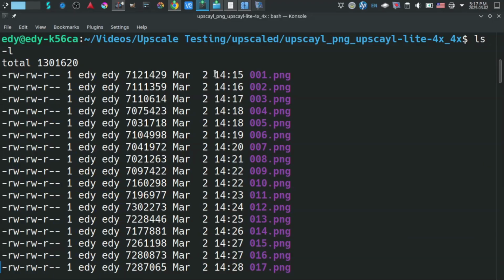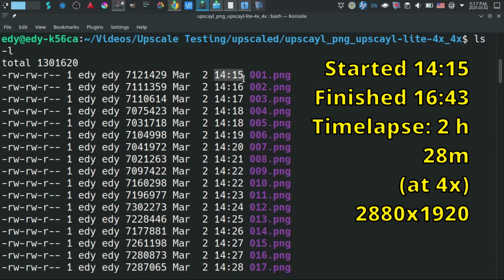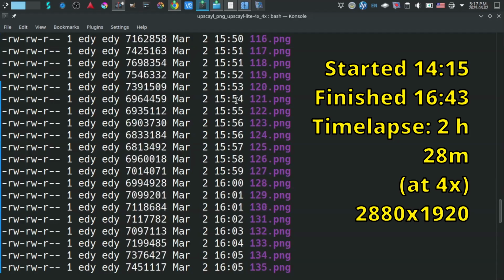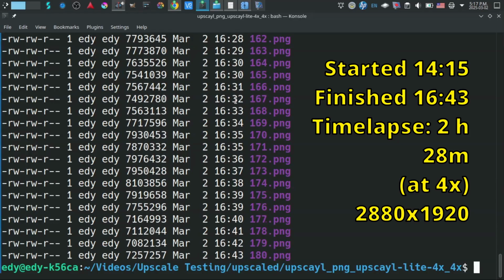And have a look at the timestamps of these files. So after I basically converted the video into individual frames, I used the upscaler, and it upscaled each of these frames by 4 times. The first one, it spat out at 2:15 p.m., or 14:15. And by the time it got to the end of only 5 seconds worth of footage, 180 frames, it was already 4:43.